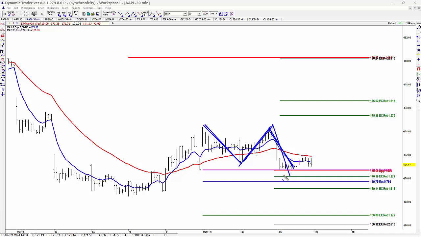So 1272 came in here, or a 1618 or a 2618, but only the 1272 came in here. And then you have the initial swing that it's correcting, which is this swing. But you can use this swing or any of these other swings to find a retracement that overlaps. In this case, it's a 618 retracement that overlaps the 100%, that overlaps the 1272.